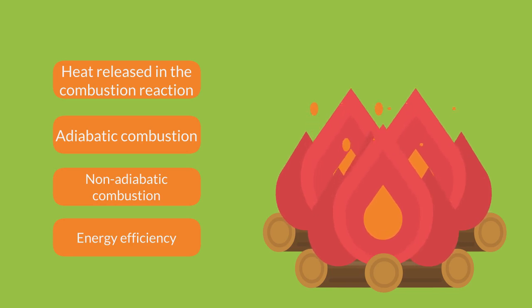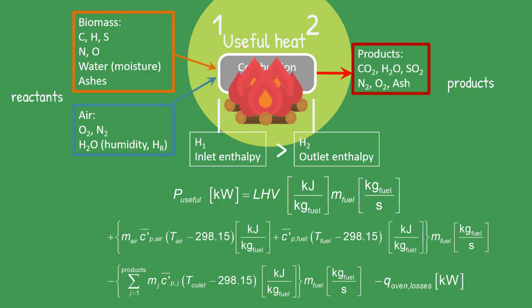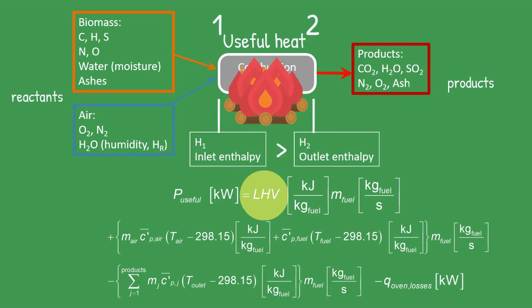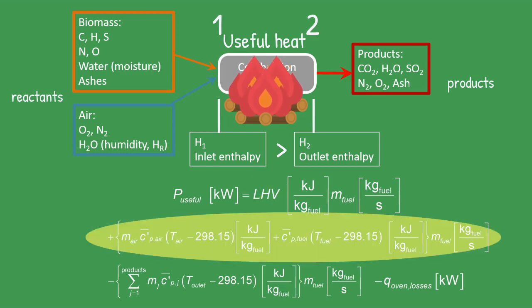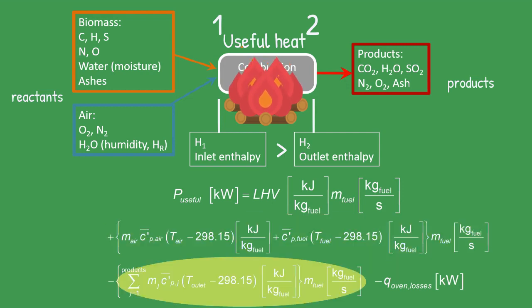Wrapping up. The combustion of biomass produces heat. The heat released by a kilo of biomass depends on its heating value. Because this heating value is a reference at standard conditions, we need to do an energy balance taking into account the inlet temperature of reactants and the outlet temperature of products. This is done using the materials' flow rates and their specific heat.